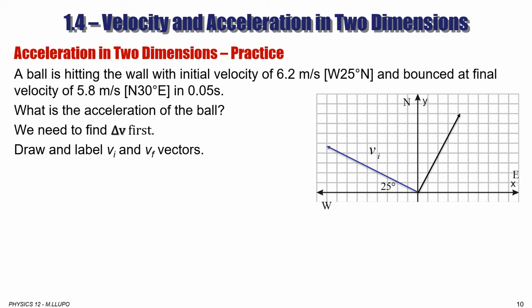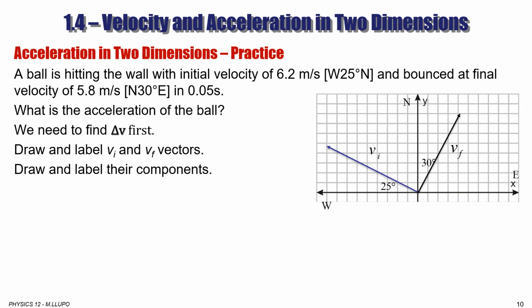That's why we draw it a bit longer, though not by that much, about 0.4 longer. And here is a 25 and the other one is 30, so we draw that 30 a bit wider than 25. And then what do we do? Draw and label their components. That's very important.